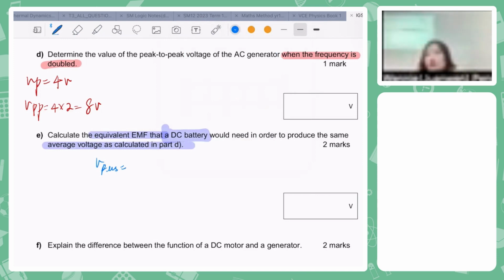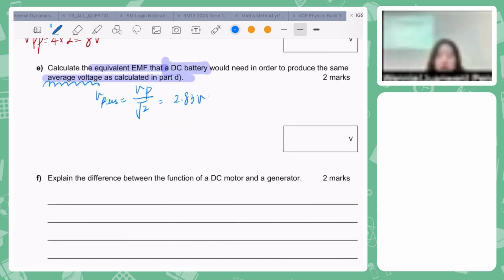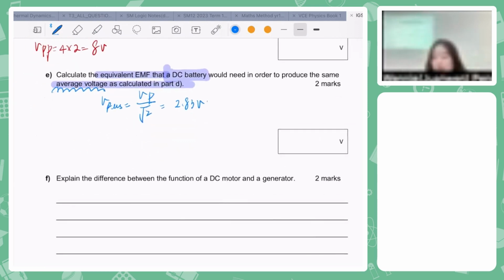If now you want to make a DC battery, it will produce the same average voltage as my AC. So finally, just using your peak divided by square root 2, you will then have 2.83 volts as your final answer. All right, finally, figure out the difference between DC motor and generator.